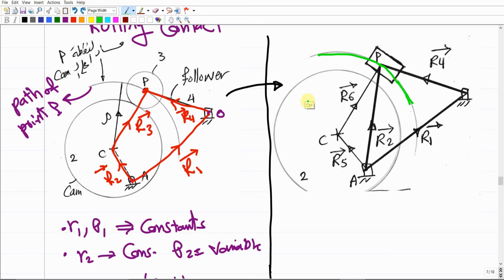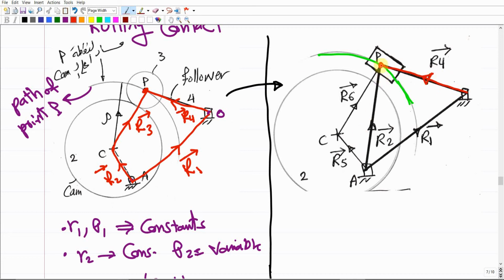If we have a direct contact problem like this one, your objective is just to locate, as we did before for direct contact, the point of contact, which should be point B. Then you connect the point of contact to the fixed point. This is going to give us R4 for the follower.